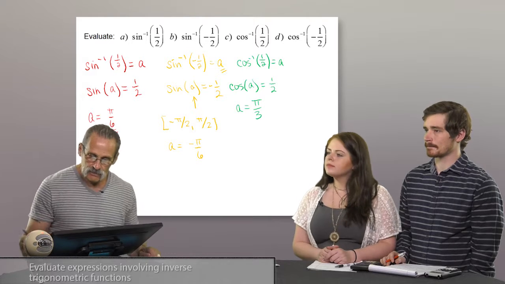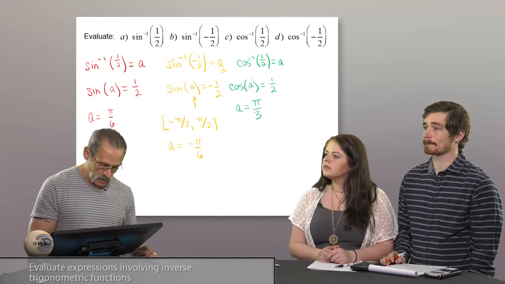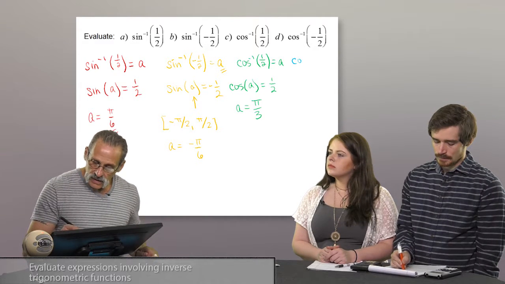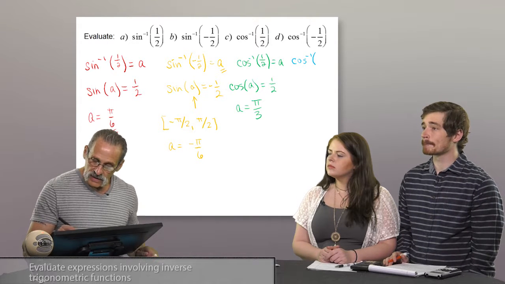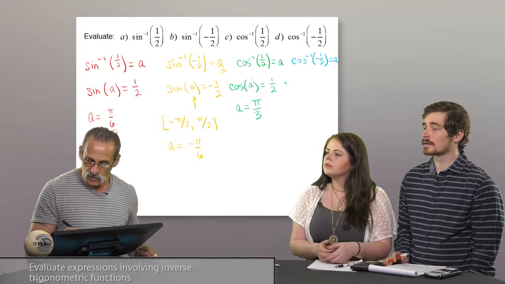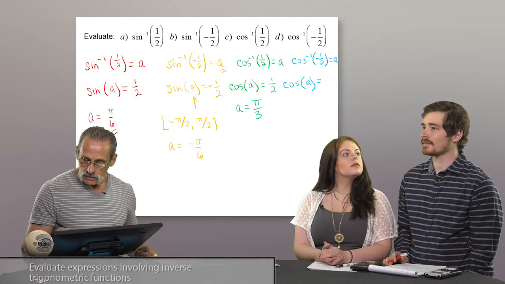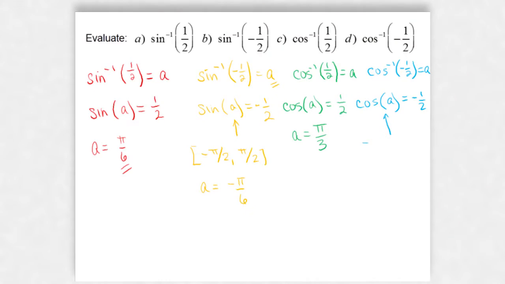Yes, it would. When I take a look at the arc cosine of negative a half, all we're going to do is say I'll have the arc cosine of negative a half equal a, which means the cosine of a equals negative 1/2. Very good. And I have to be very careful because whatever value I pick has to be from 0 to pi.